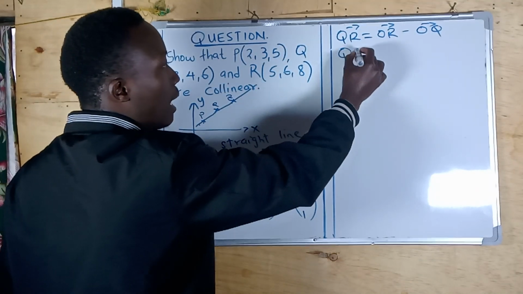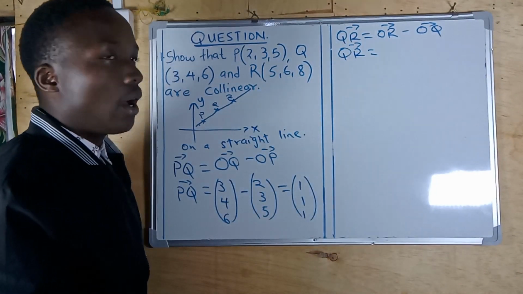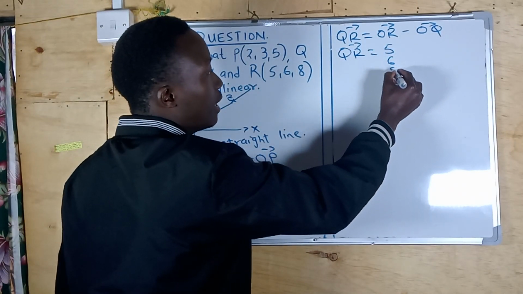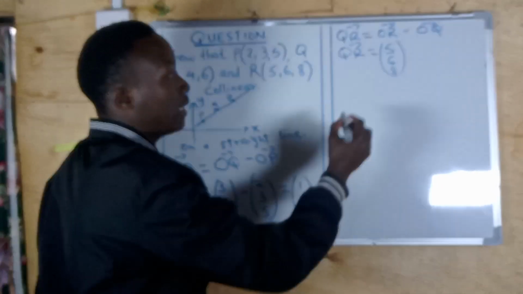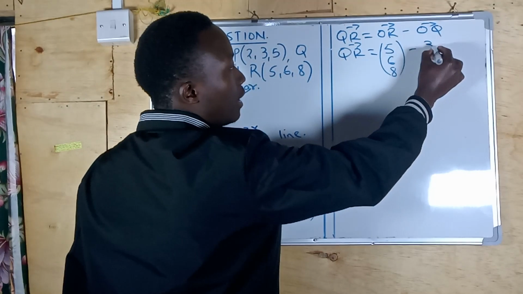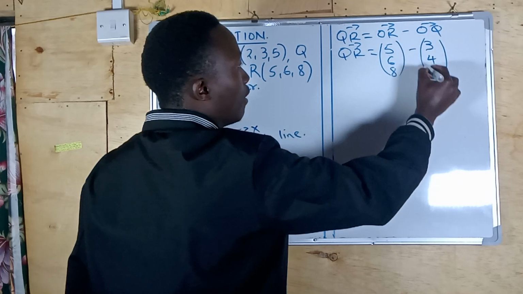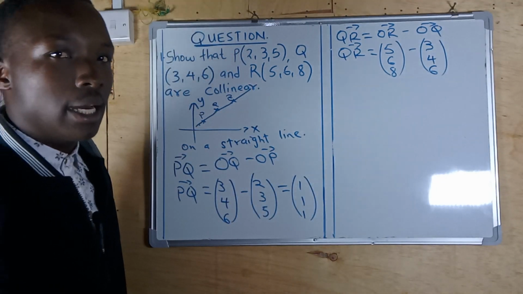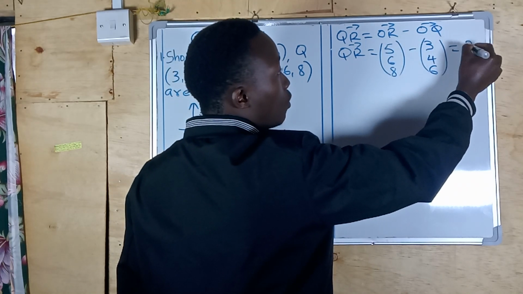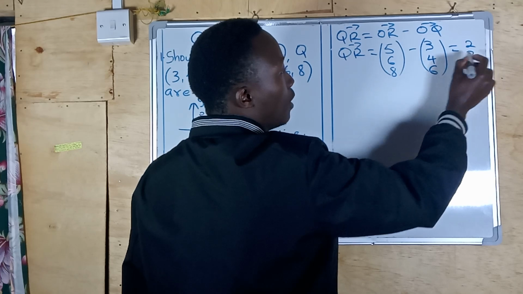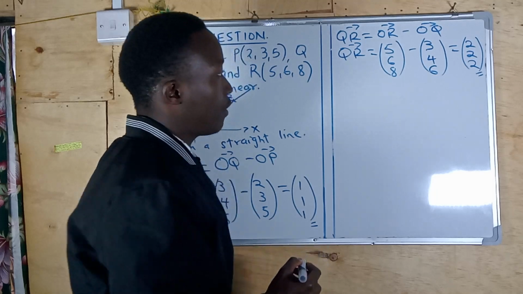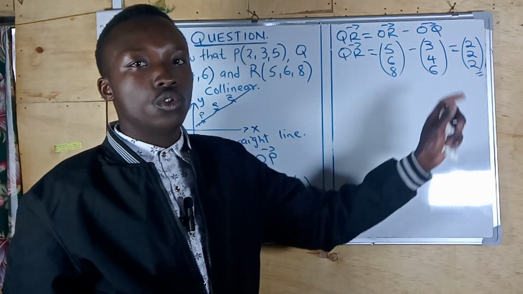OR is (5, 6, 8) written as a column vector, minus OQ, which is (3, 4, 6). Once we subtract, we get 5 minus 3 is 2, 6 minus 4 is 2, and 8 minus 6 is 2. So we have the position vector of QR as (2, 2, 2).